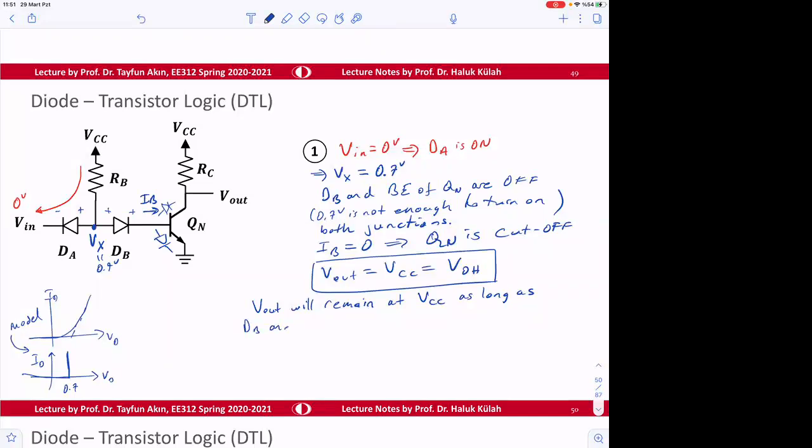As long as the diode and the base-emitter of Qn are off.